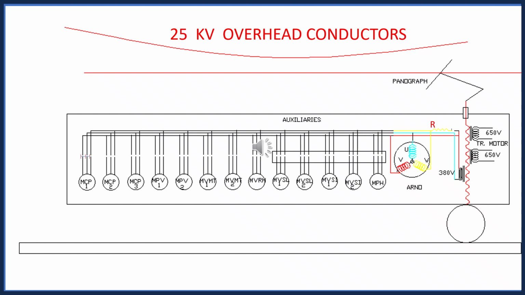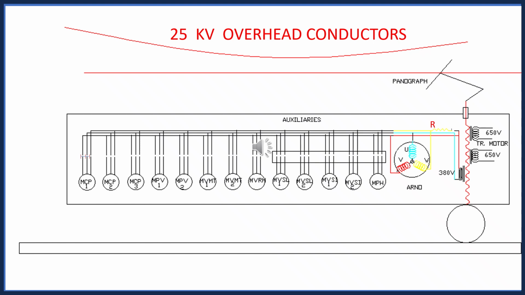For our ceiling fan, we use a capacitor to create another phase from the single phase for rotating flux. So this phase difference is created, and it will initiate the motor. That means here is the Arno. The Arno will rotate and three-phase supply will flow to the auxiliary motors. Three-phase motors, all are induction motors. They will get supply from the Arno.